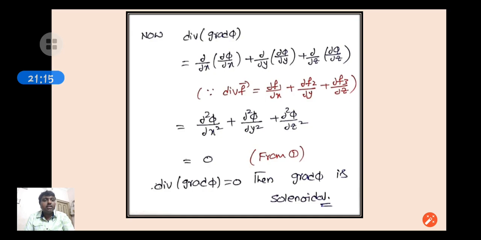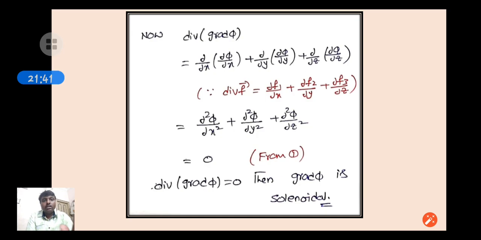From equation 1 I am writing this equal to 0. Therefore, divergence of grad phi is equal to 0. Whenever the divergence is 0, the vector point function is called a solenoidal vector.